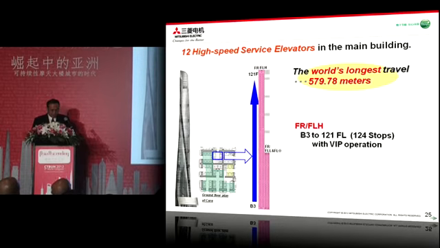The 2 cars serving the 5 main elevators, called the FRFAH elevator, will serve from basement 3 to the 121st floor, with 124 stops in total. This has the longest travel, of approximately 580 meters.